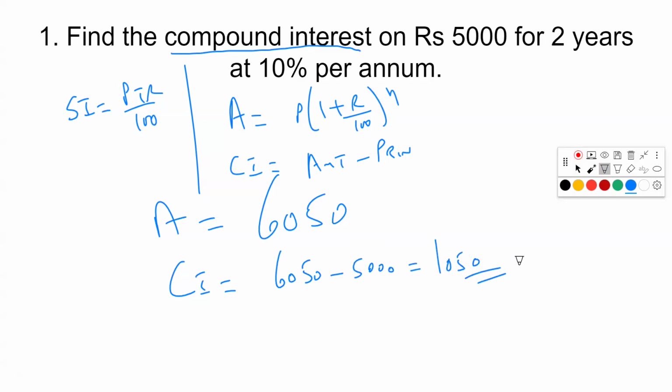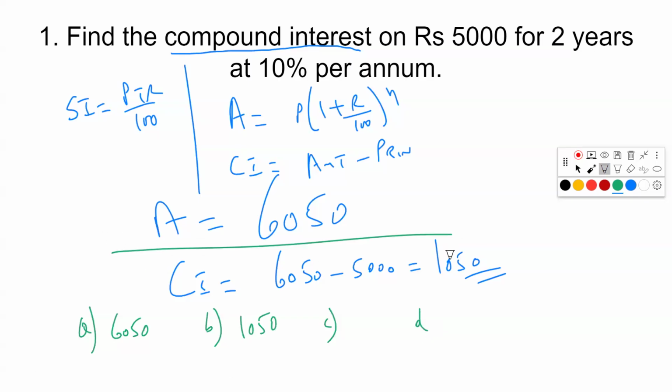Most of the time, the examiner knows that students are a little stressed out and tense, because it is a timed paper, 20 questions in 20 minutes, 30 questions in 30 minutes. So usually they give choice A as 6050, choice B as 1050, and C and D. Because students calculated and got 6050, without any second thought they take the answer as 6050. But please be aware of what is asked here. It is not the amount, it is compound interest.